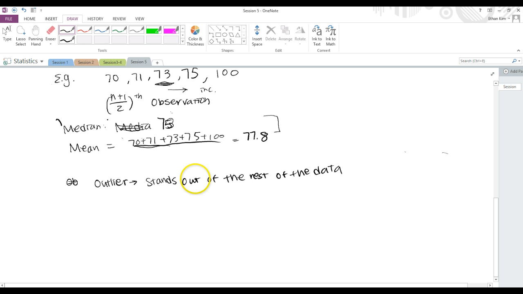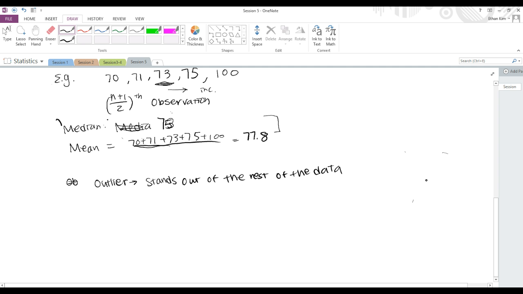If you look at this data, 71, 70, 71, 73, 75, these are all similar, right? Similar ranges. It's all in the 70s, but in this case, 100 is way up there. And it's not normal to have this kind of observation, right?